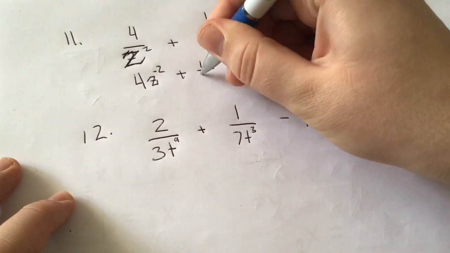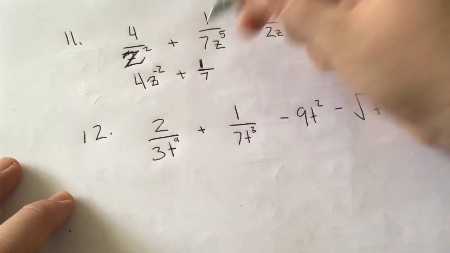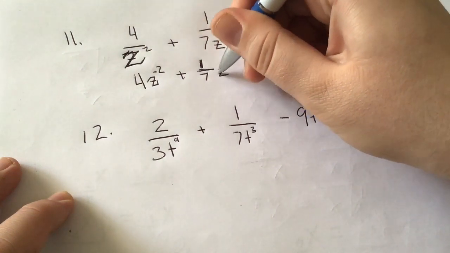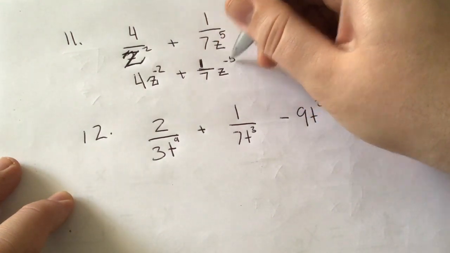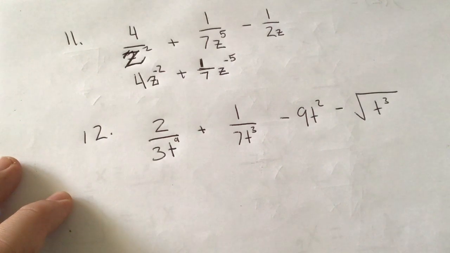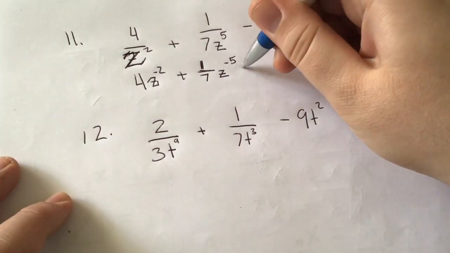If you recall yesterday, the 7 remains in the denominator. We only get to move the variable. So 1/7 z to the negative fifth. I guess we do still have fractions like that, so we're not completely eliminating fractions from the problem, but we are getting rid of variables in denominators of fractions.